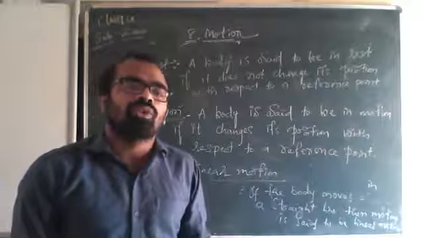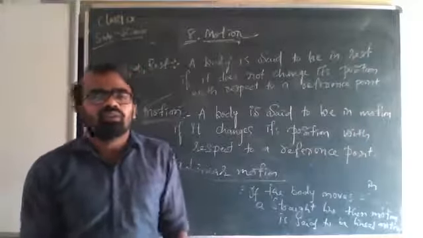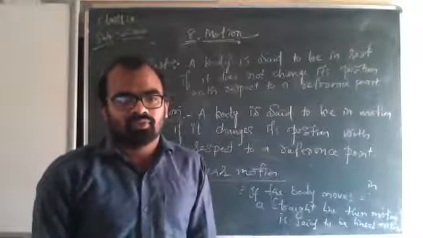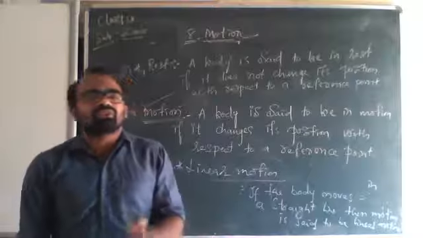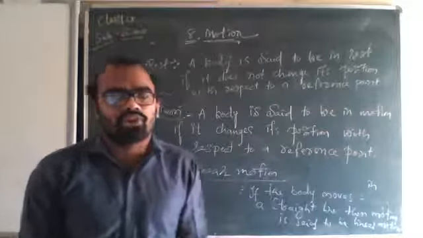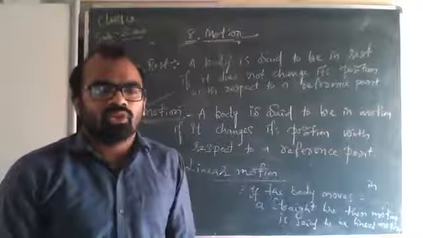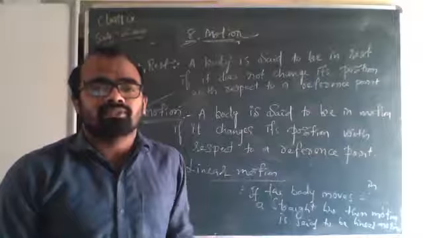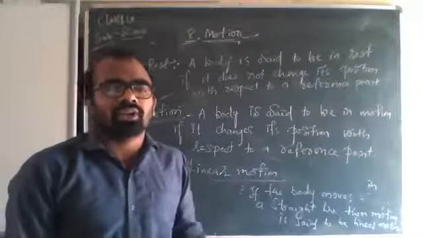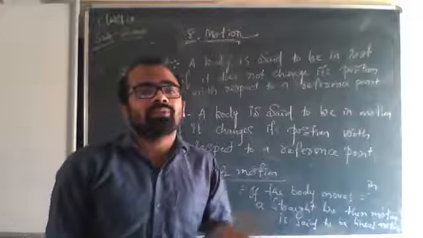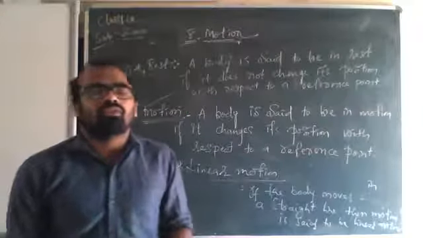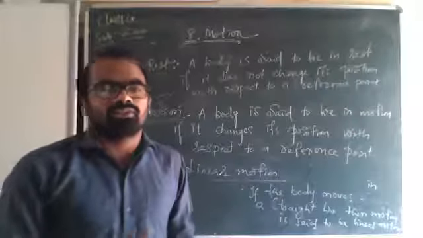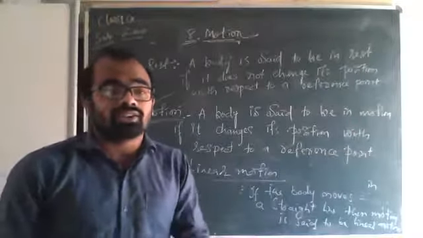Even though the ball is given a hit, it moves and after some time it comes to rest. When it comes to rest, it is not changing its position with respect to a reference point, so we have to say it is at rest. When it is moving, for example, if you take a fielder or the stumps, the wickets kept on the ground, as a reference point, the distance between ball and wickets will be constant at that time.